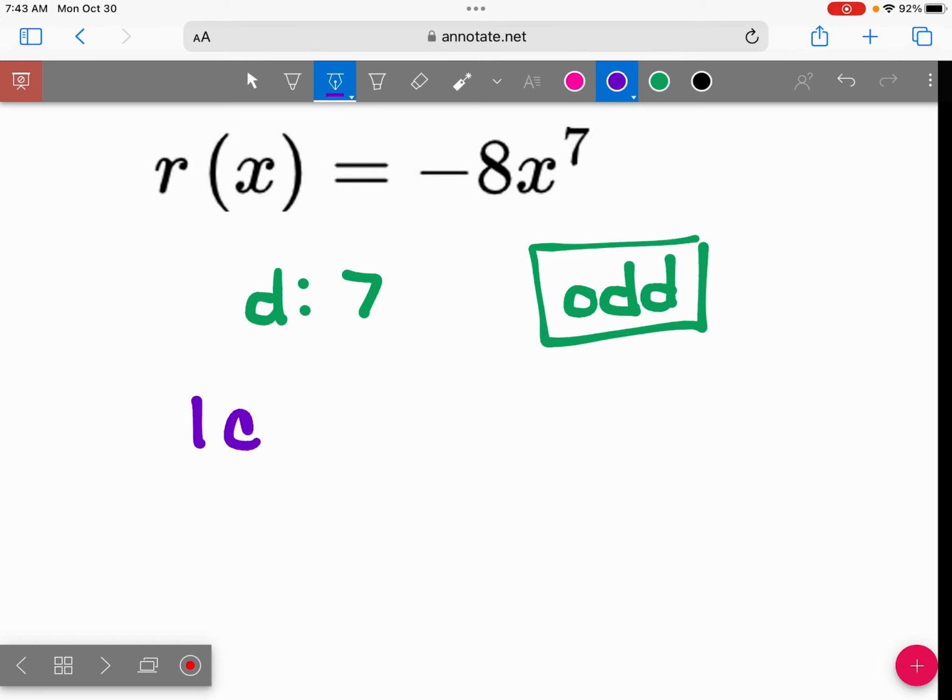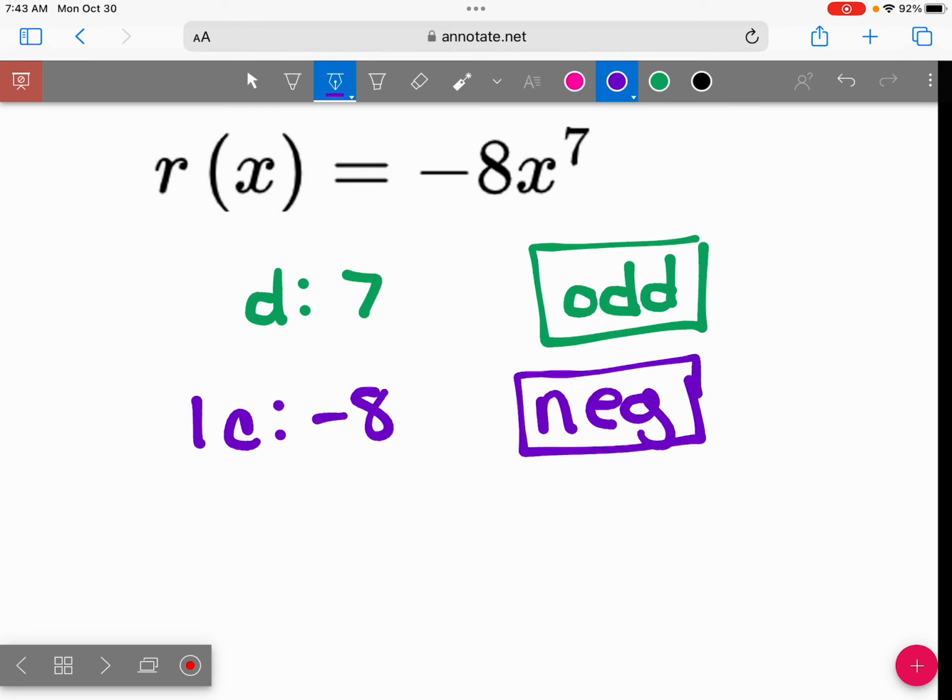All right, so our leading coefficient, what's our leading coefficient here? -8. Is that positive or negative? It's negative. We even said it when we say the number. -8 is negative. And I'm lazy, so I tend to write just NEG. So if it's odd and negative, I'm going to think about a line with a negative slope.